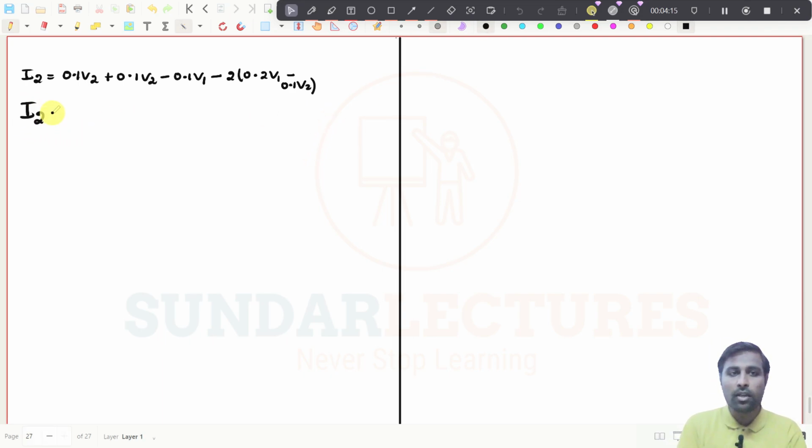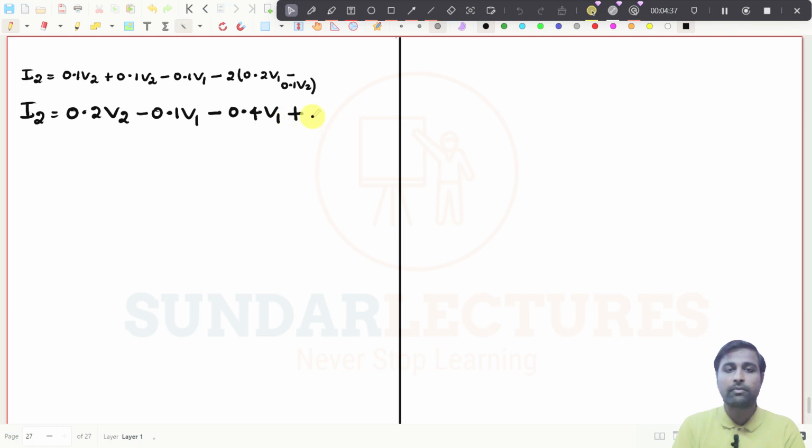So I2 will be equal to 0.1 V2. Maybe if you add these two, what will you get? So it will be 0.2 V2 and then minus 0.1 V1 and then minus 2 into 0.2, it will be 0.4 V1, and then minus of minus becomes plus 2 into 0.2 V2.